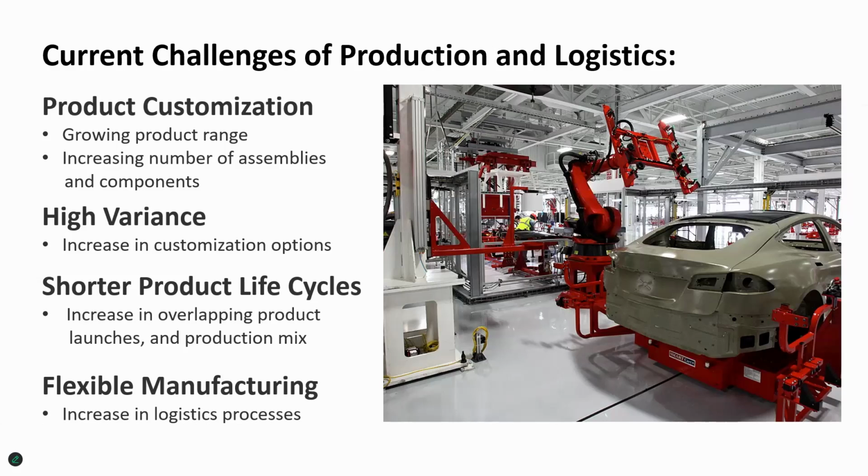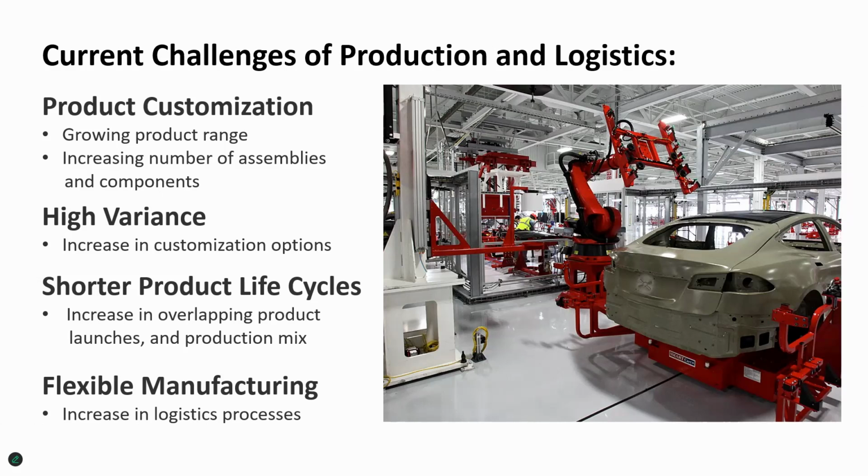Product customization must be considered, as well as the large number of assemblies and components that need to be used in the process. Likewise, the increase in customization options which are available. Product life cycles are also much shorter now, with an increase in overlapping product launches and production mixes.